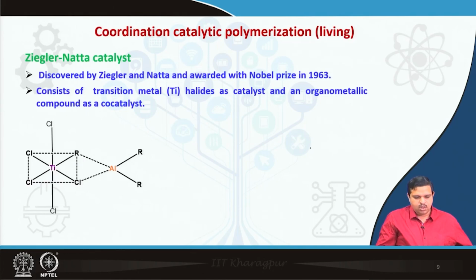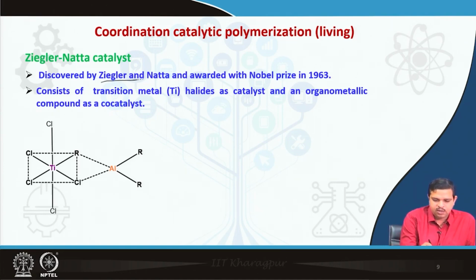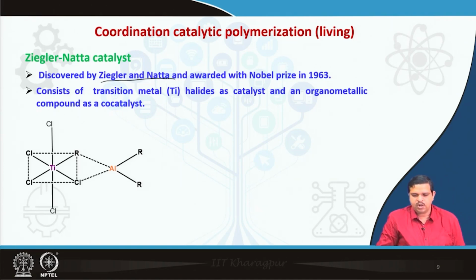So, if you recall, the Ziegler-Natta catalyst was one of the first transition metal catalysts used for polymerization of ethylene monomer or propylene, which was discovered by Ziegler and Natta, and for this they were awarded the Nobel Prize in 1963.